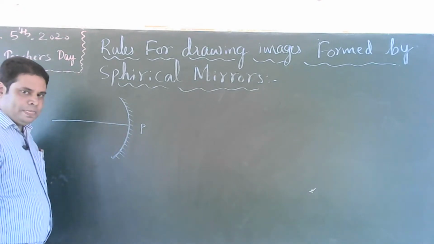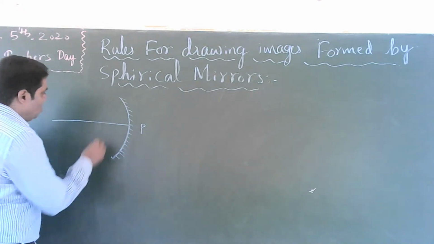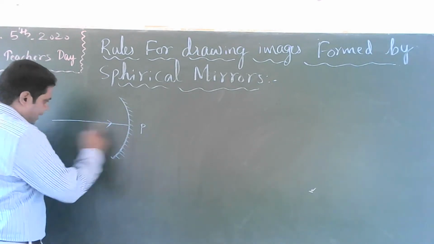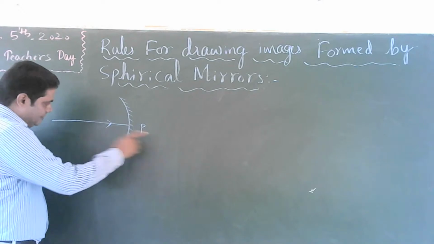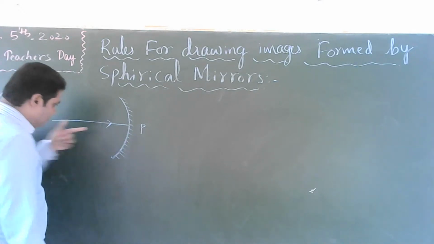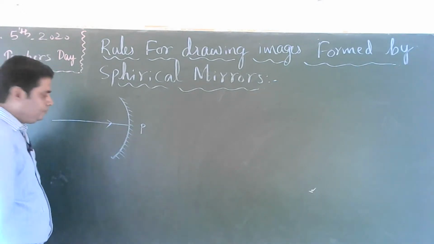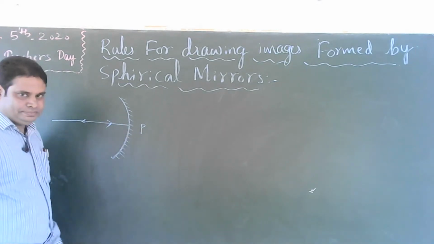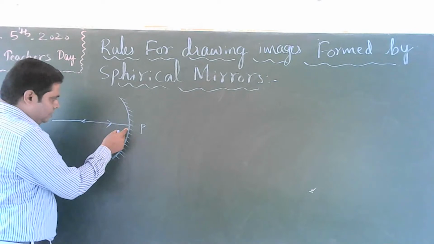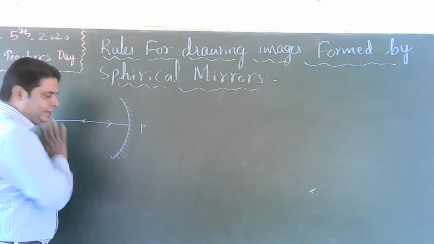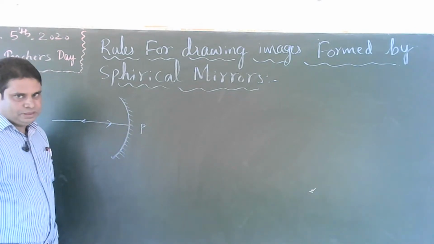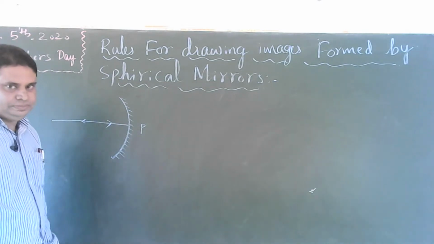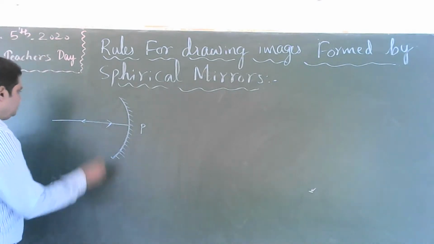We have to consider a ray of light along the principal axis also. Let us consider a ray is moving along the principal axis, incident along the principal axis. What we observe? After reflection, it will retrace the same path, as the ray will do reflection normally. Please remember, we have to consider this ray also.